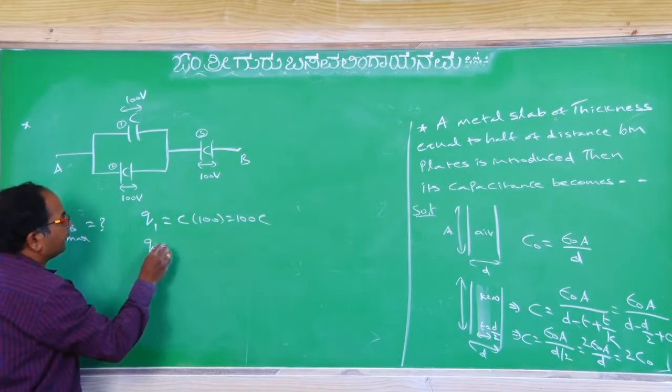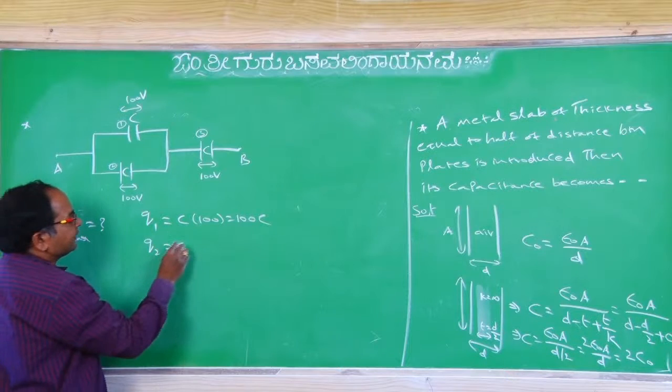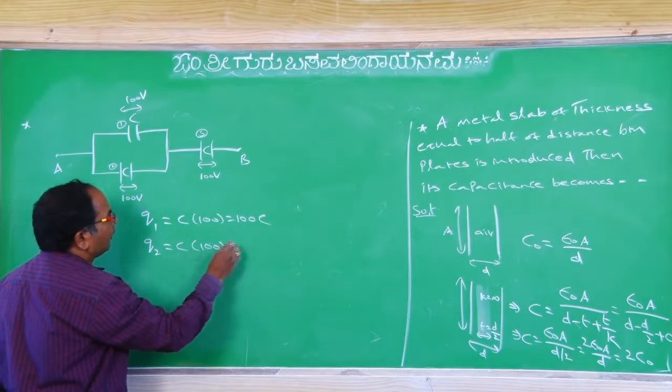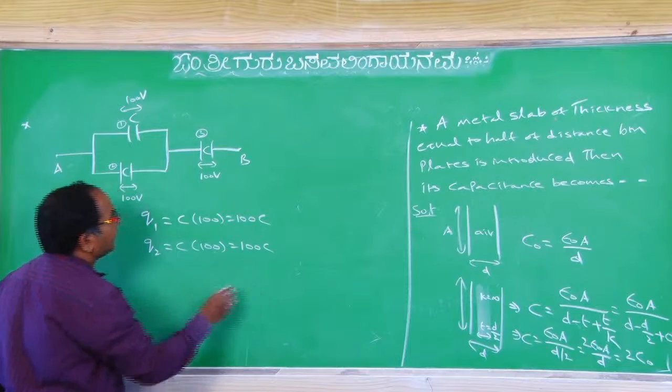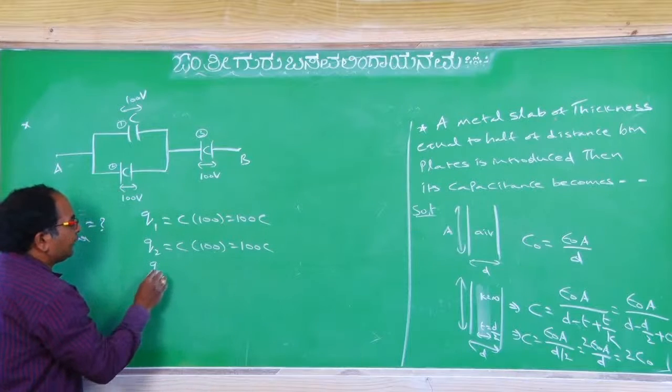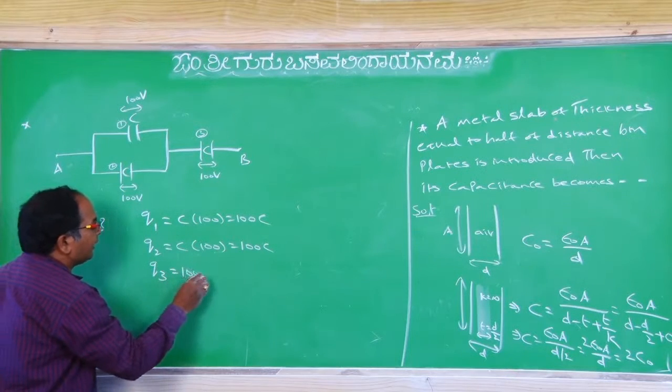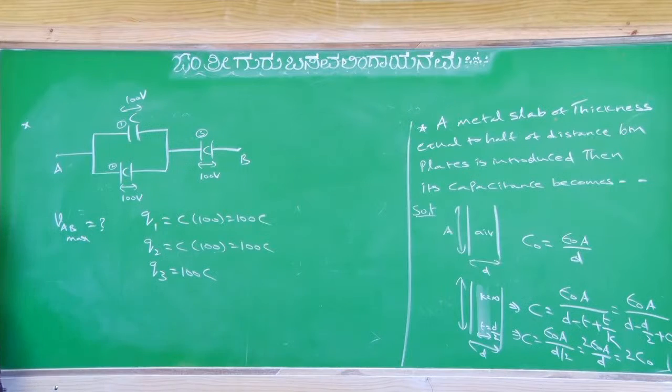And Q2 is C into 100, so 100C. And Q3 is also 100C. Here all charges are 100C. Now we want to find out the maximum potential.